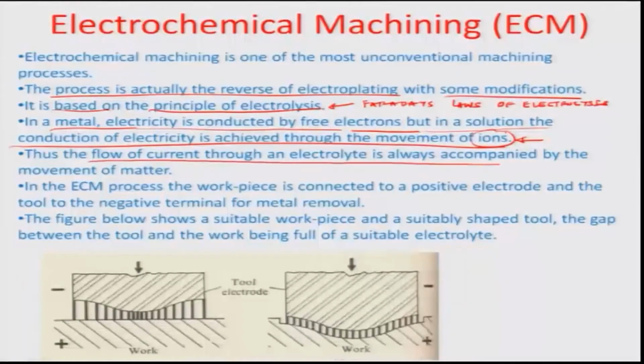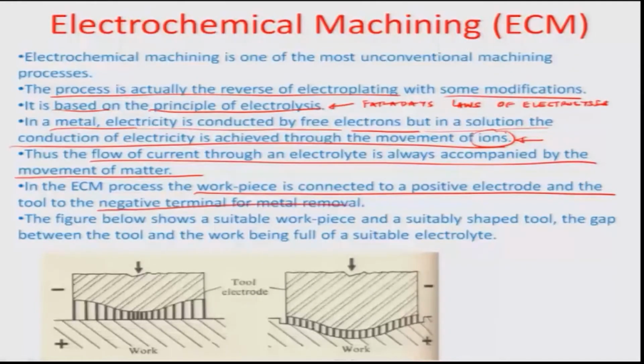Okay, so the flow of current through an electrolyte is always accompanied by movement of matter, and in an ECM process the workpiece is connected mostly to the positive electrode, the tool to the negative terminal. So the idea is that the workpiece would be responsible for sending out the ions to the solution, and if we can somehow precipitate those without getting deposited onto the tool side, we are left with a process which is subtractive in nature, or a machining process as such.